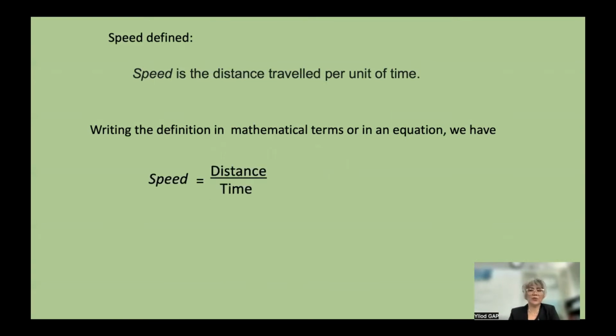Speed equals distance divided by time. So that line there would mean the "per" in the definition. So it is distance per time.